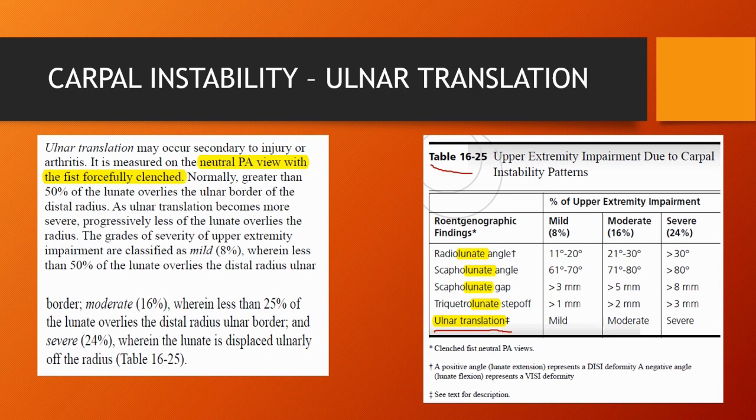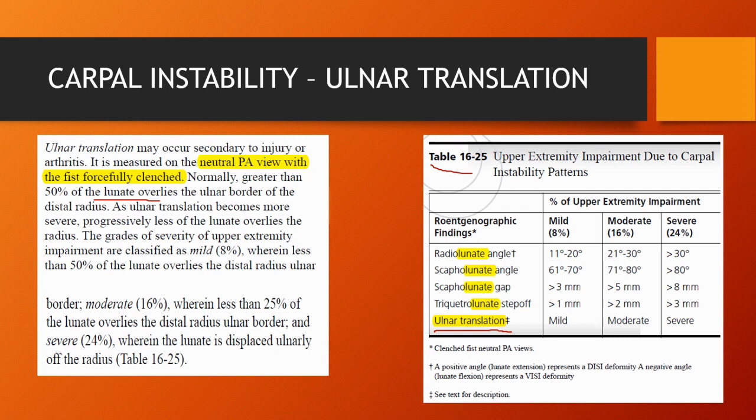Now, the Guides tell us that normally greater than 50% of the lunate bone overlies the ulnar aspect of the distal radius. So picture the distal radius and the distal ulna in your mind, and you can take a line down the middle of the axis of the radius bone and divide that into a radial half and an ulnar half.